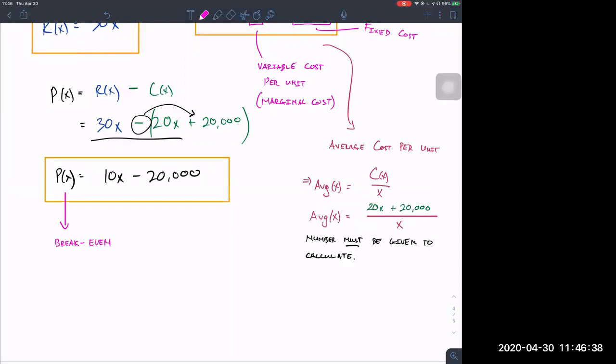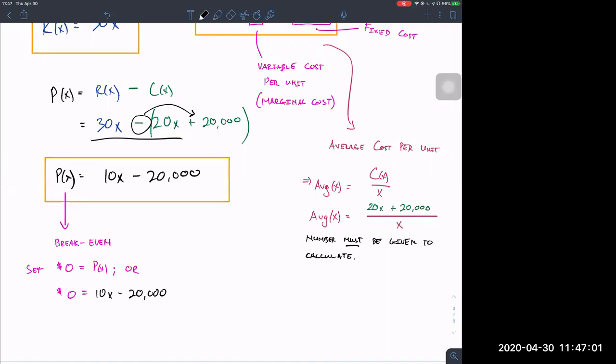Break even, again, means to set $0 equal to the profit function, or set $0 equal to 10x minus 20,000.